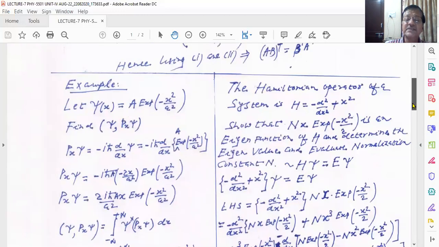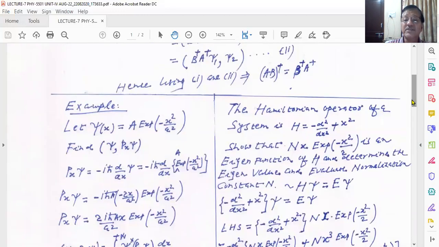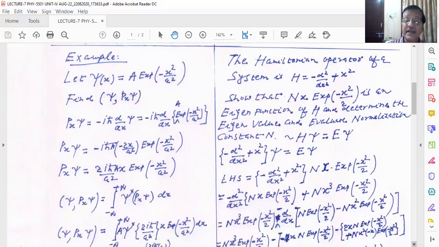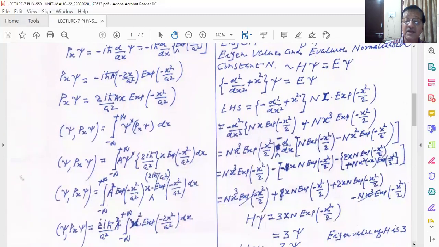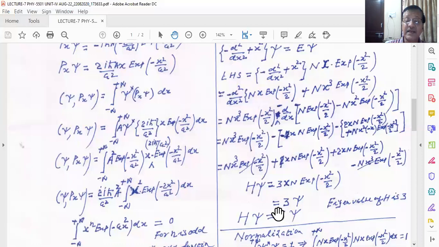Look at this, this is the psi which is given to you, nx exponential of minus x squared by 2. So I can write my equation simply, in our case, as H psi equal to 3 psi, you see.